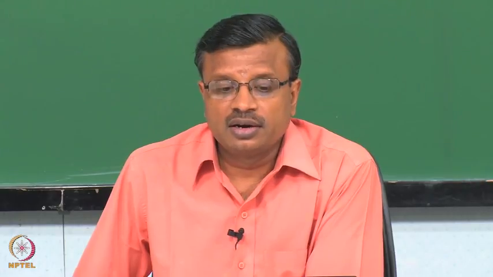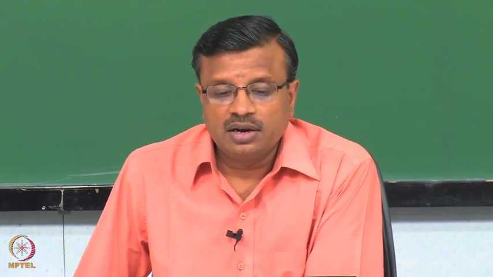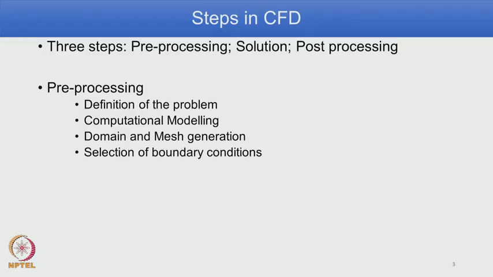We can simplify the physical problem and do a modeling, then decide the domain, how much it should go in x direction, how far it should take in other directions, then decide the type of mesh, and choice of boundary condition depending on the problem.